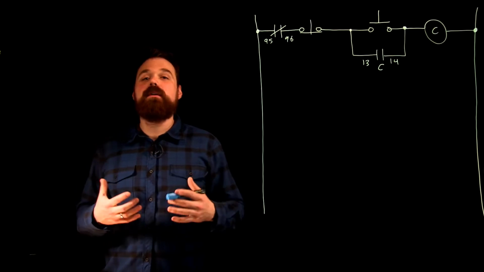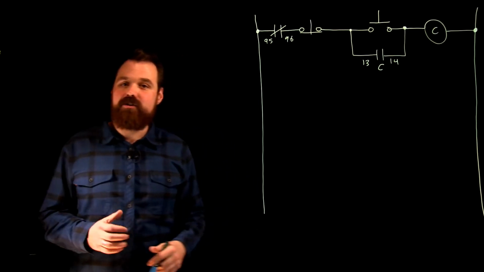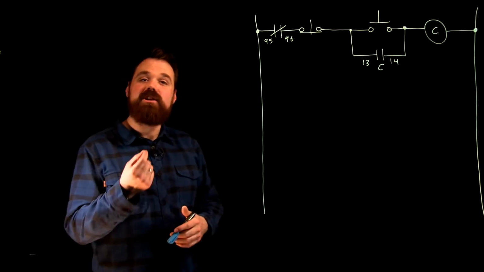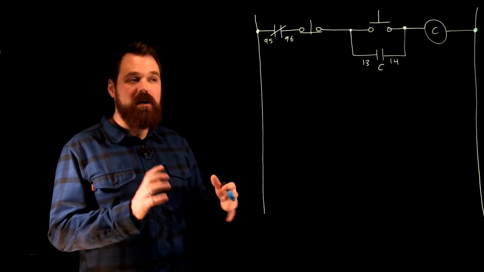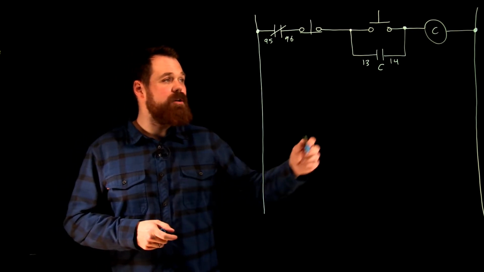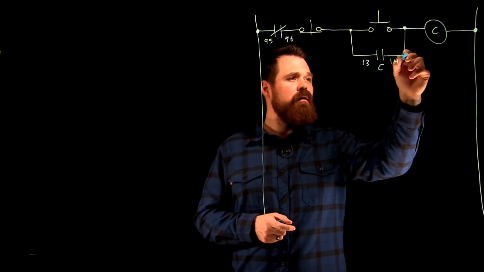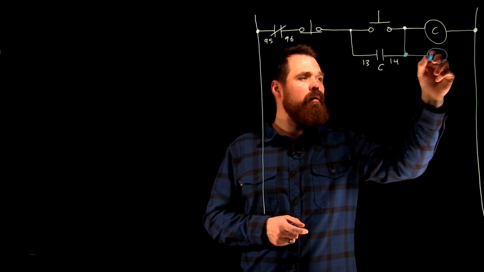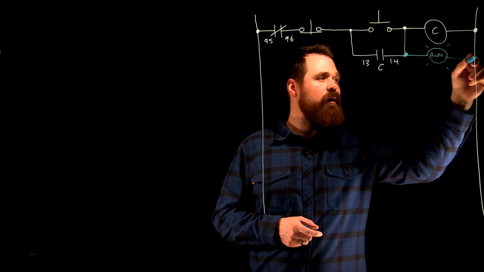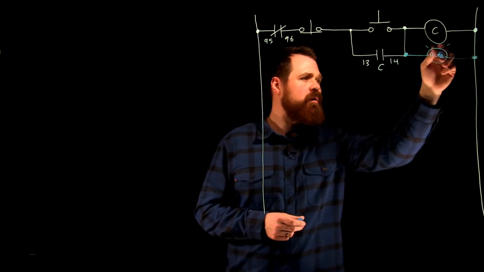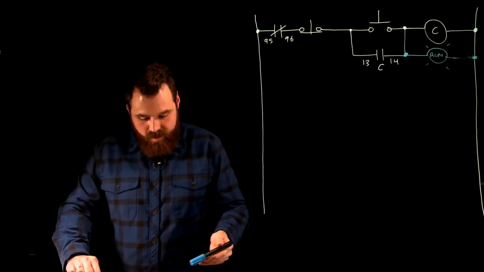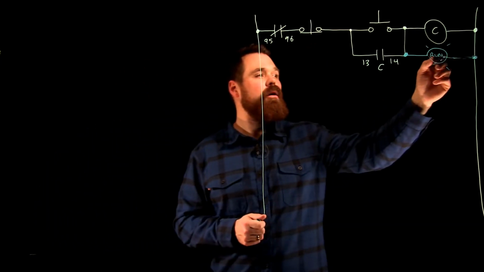So let's say we wanted to put in a run light. So a light to indicate that the motor is running. It's nice because we actually have two different options for putting in a run light that are really common. So one of the options to put in a run light would be to go from right here, run, and actually just put that directly in parallel with my coil, right?